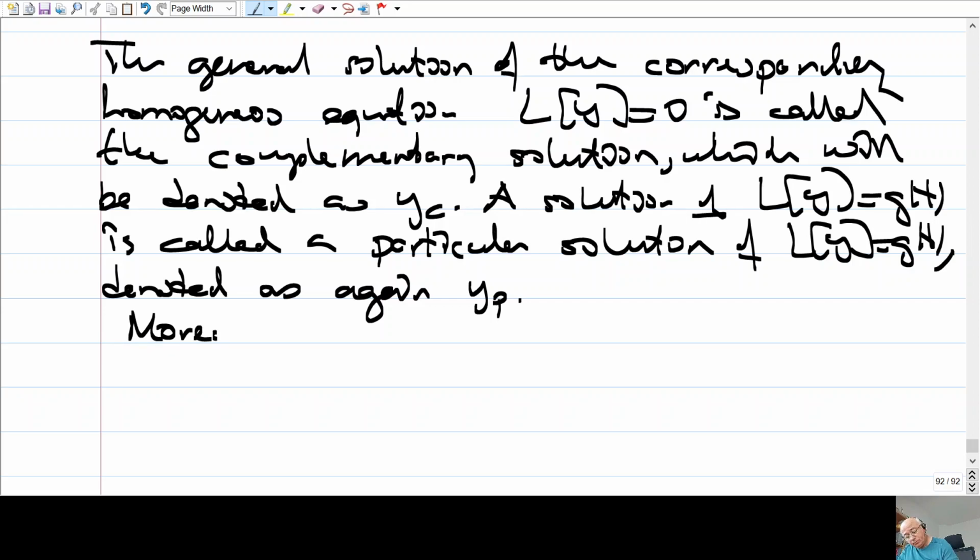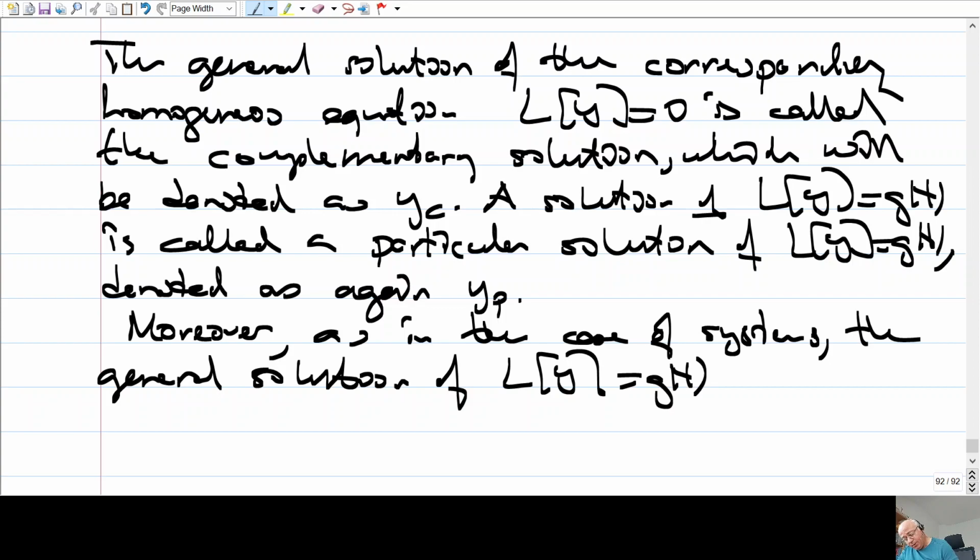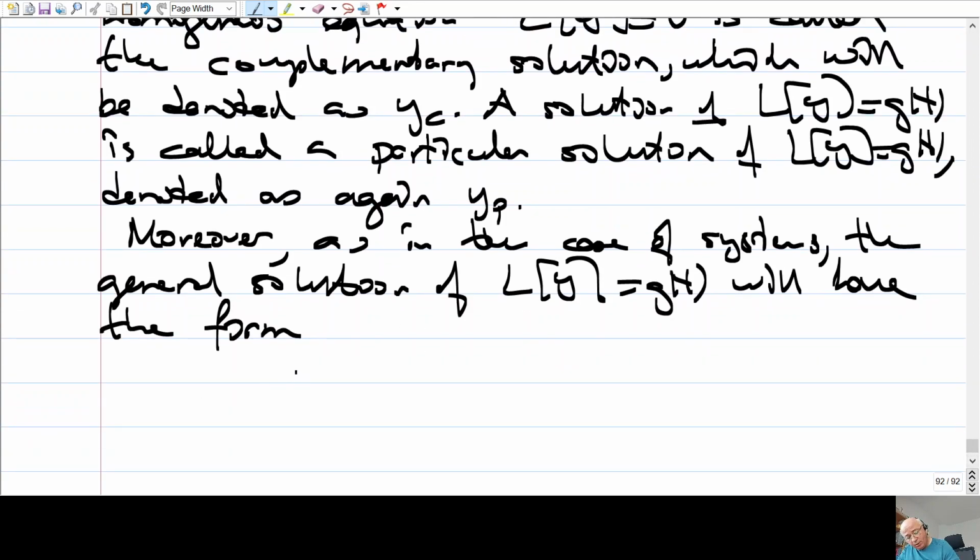Moreover, as in the case of systems, the general solution of Ly equals g of t will have the form y equals yc plus yp.